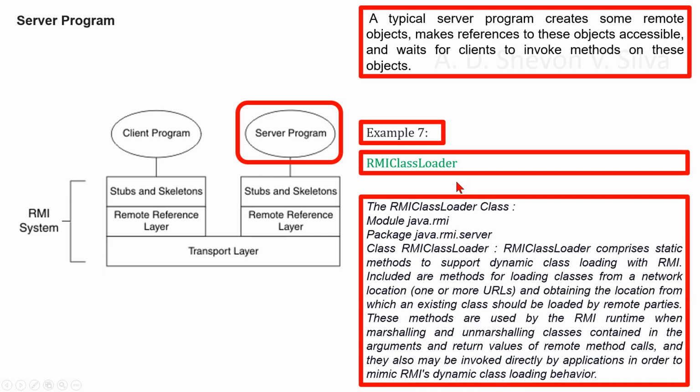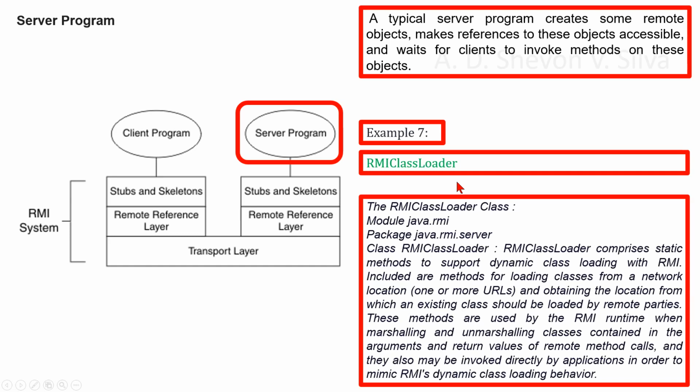Now we are considering the Java RMIClassLoader class. RMIClassLoader comprises static methods to support dynamic class loading with RMI. Included are methods for loading classes from network locations, one or more URLs, and obtaining the location from which an existing class should be loaded by remote parties.